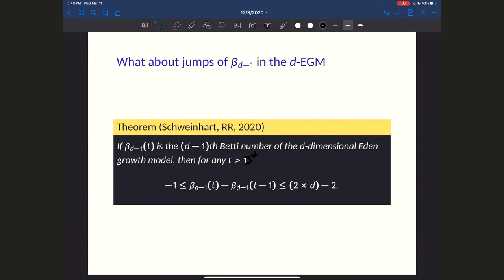And it's going to take all possible values with positive probability at each time. So it could take any value. Okay, so this characterizes the jumps of how the Betti number can change.